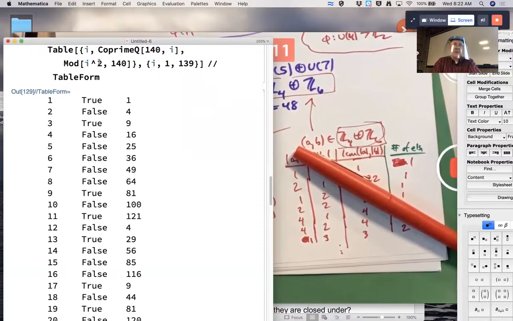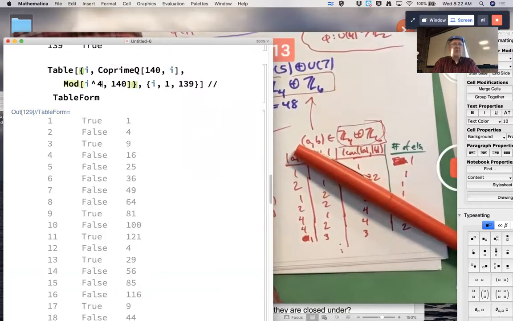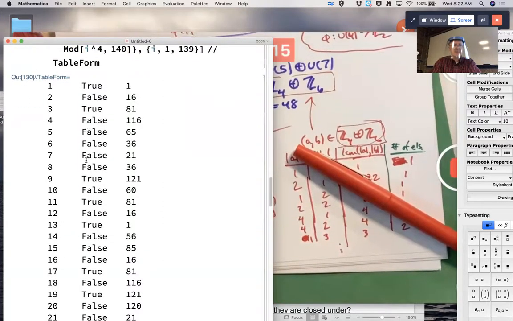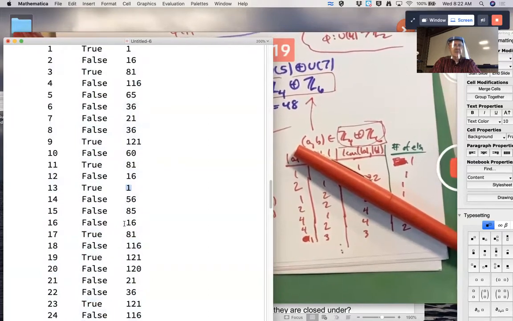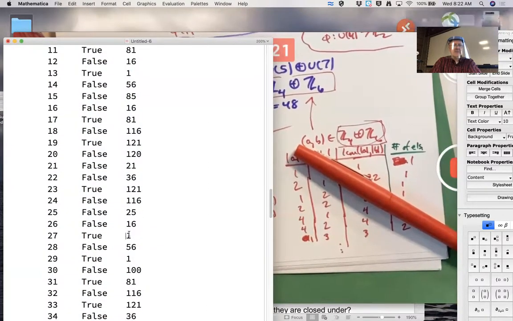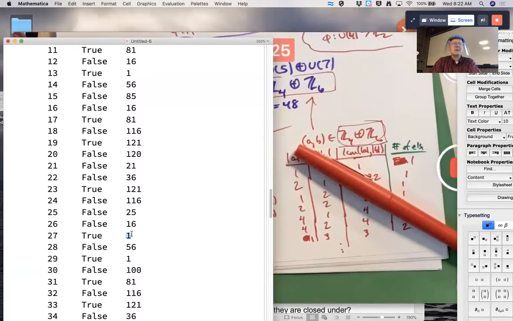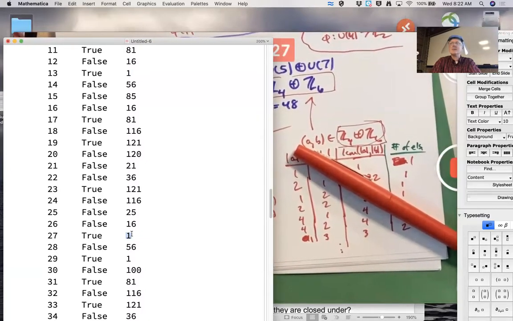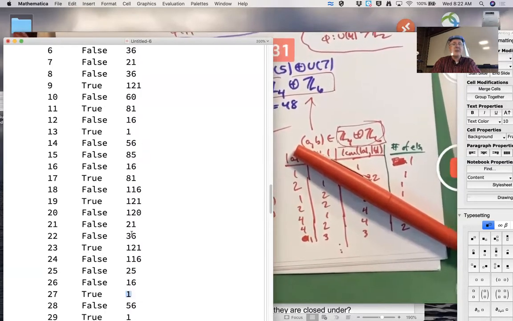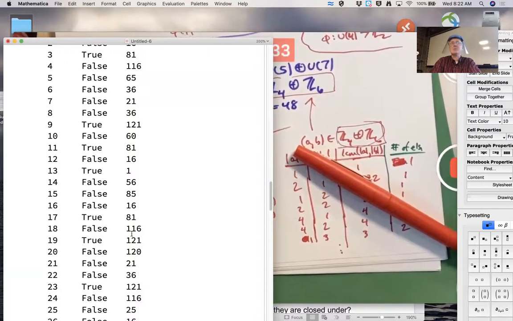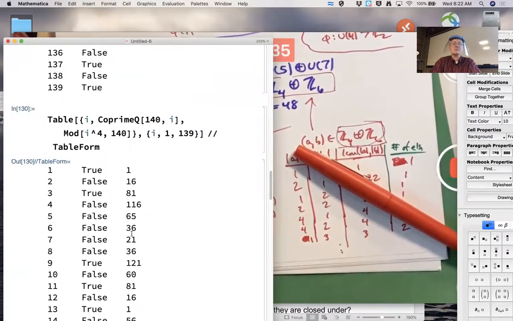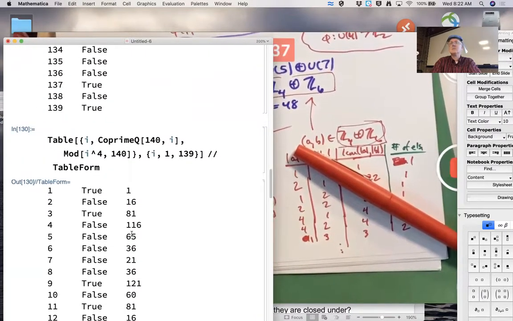Or maybe I should go to the 4th so I can look for elements of order 4. 13 has order 4, it looks like. There's a 1. 27, well, okay, they could have order 2. So these are not ruling out the elements of order 2, because if the element has order 2, when you raise it to the 4th power, it'll still equal 1. So I'd have to first figure out the elements of order 2, then order 4, then order 6 I could look for as well, ruling out first the elements of order 3 as well.